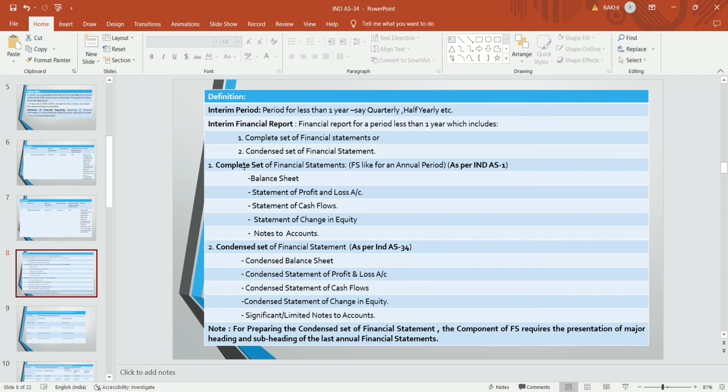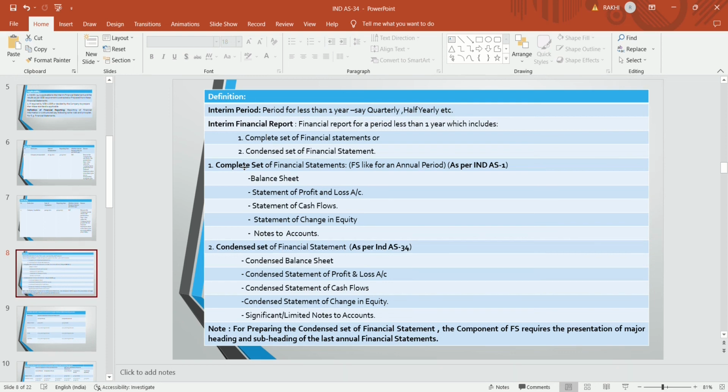If they require, they will prepare a complete set of financial statements, and another option is to prepare a condensed set, in which the minimum disclosure requirement is to be given. A complete set of financial statements, like we prepare annually as per Ind AS 1, includes the balance sheet, statement of profit and loss, statement of changes in equity, statement of cash flows, and notes to accounts. All these are the complete set with full disclosure.